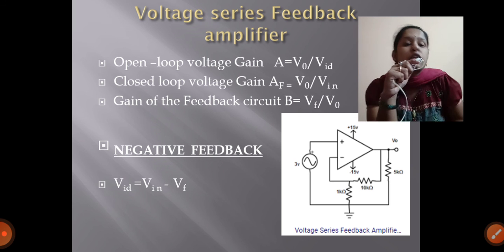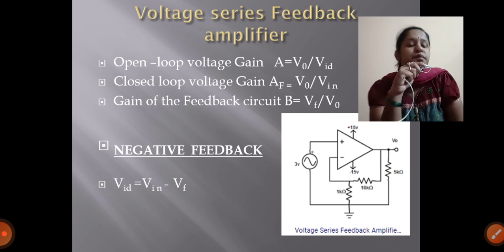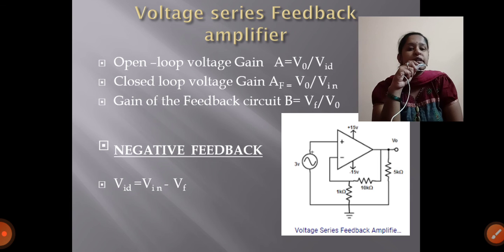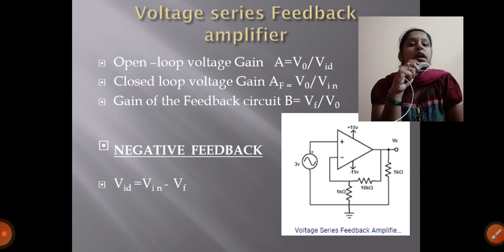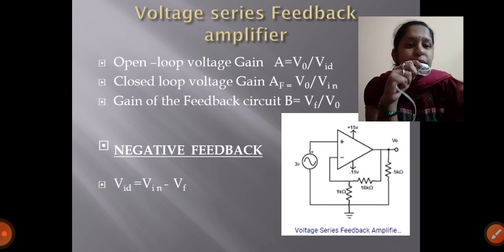The feedback voltage we are giving to the non-inverting terminal, right? Open loop gain is V naught by VID. You know that. Closed loop voltage gain AF is V naught divided by V in.